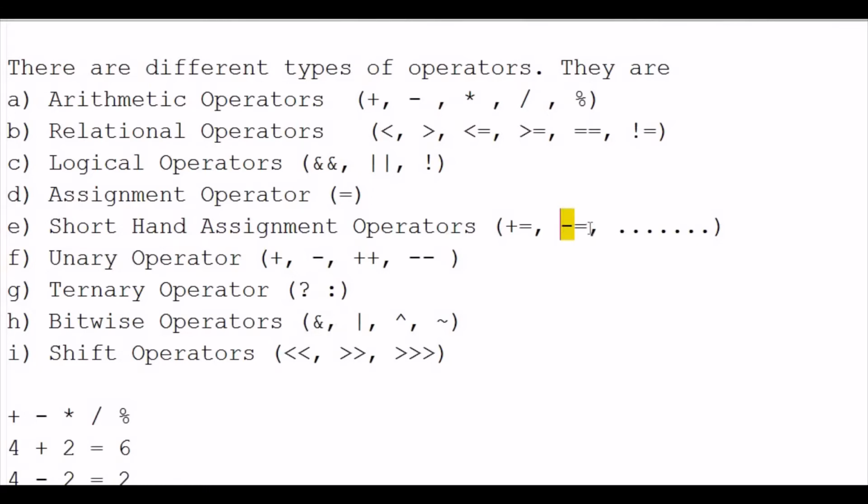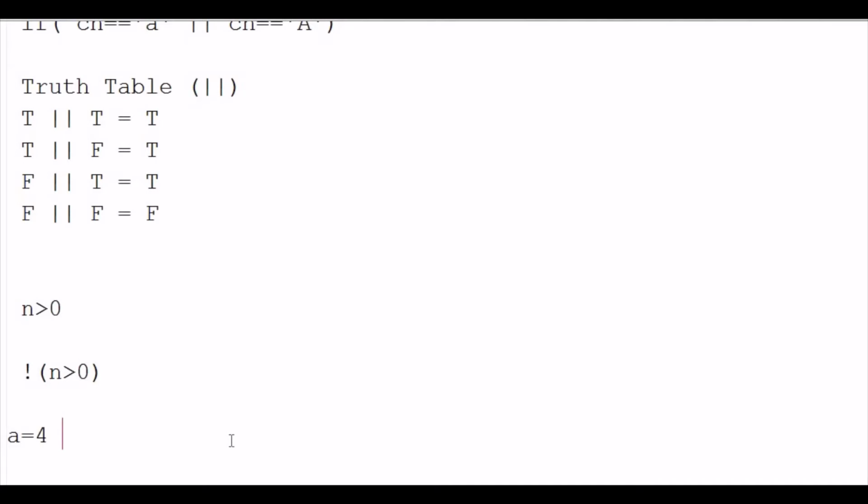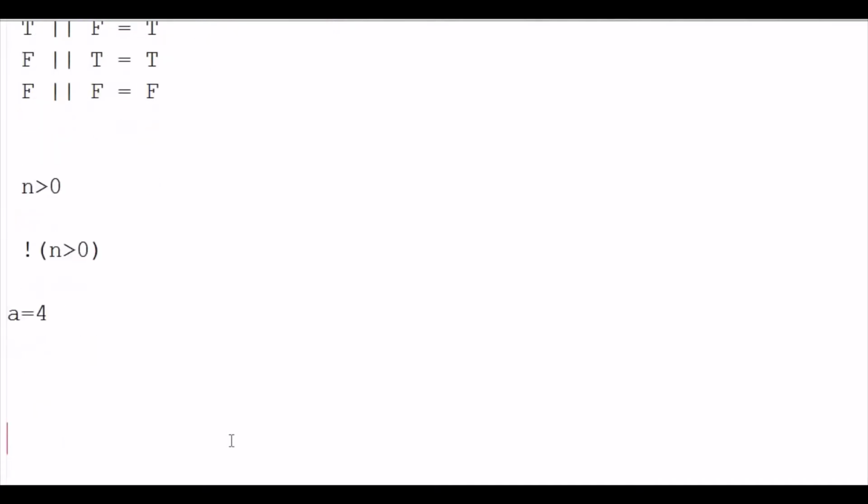Any operator we can add along with is equal to make it a shorthand assignment operator. For example, I am writing a statement here, A is equal to A plus 4. In short form, we can also write it as A plus is equal to 4. So here we are using a shorthand assignment operator.